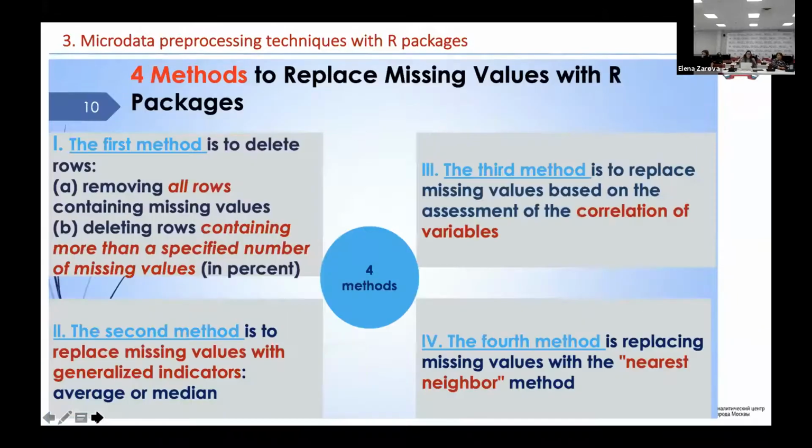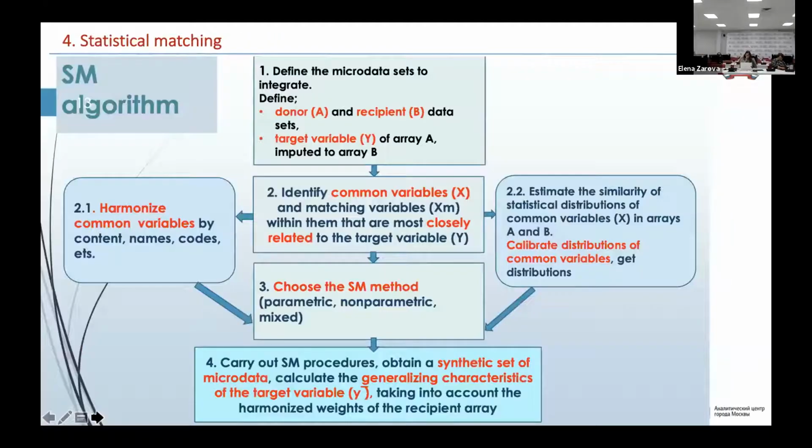And there are 4 methods to replace missing values. First method, we can remove data which is missing. The second method, we can replace missing values with generated indicators such as average or median. Third method is to replace values based on correlation variables. And the 4th method is using the technique of nearest neighbor.